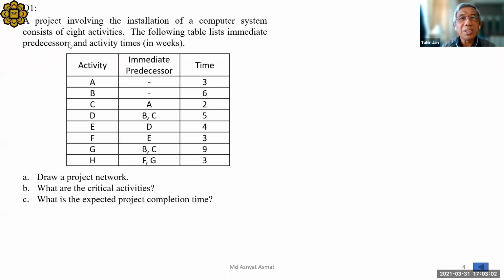A project involving the installation of a computer system consists of the following 8 activities. The following table lists immediate predecessors and activity time. Looking at the table, what can you see?